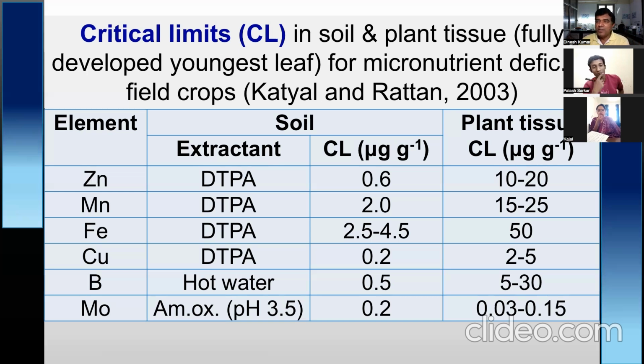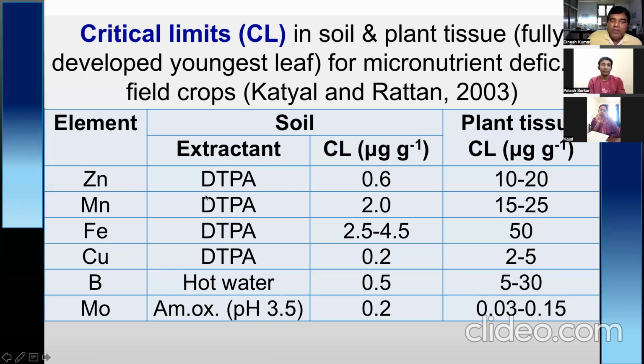Boron is normally extracted by hot water from the soil, but zinc, manganese, copper, and iron can be extracted by two or three different extractants, but DTPA is the most common, which extracts zinc from the soil for analysis.